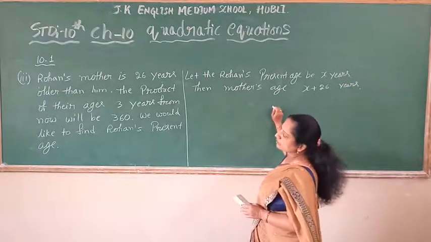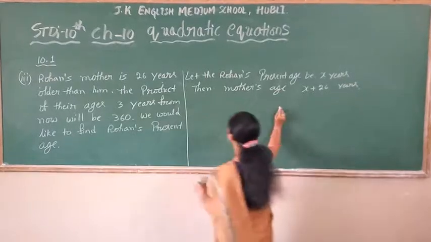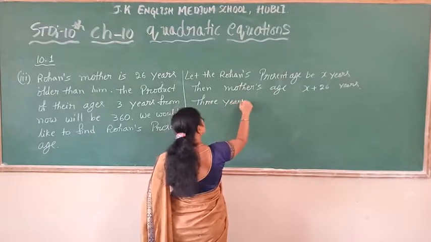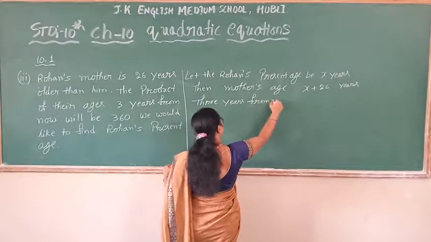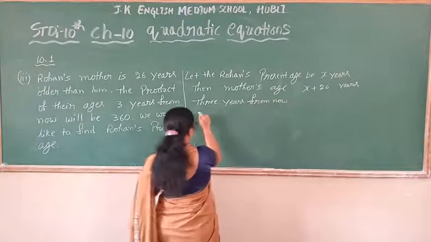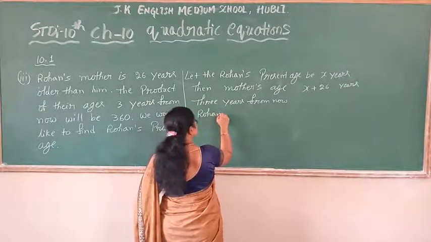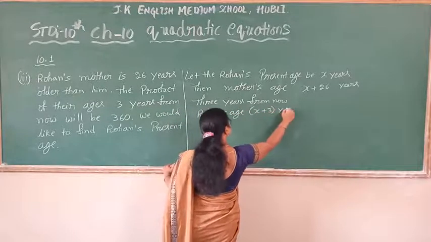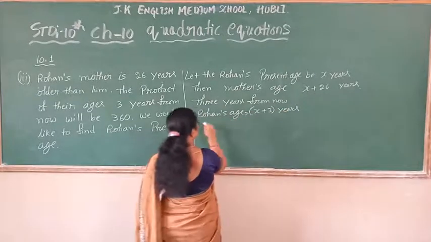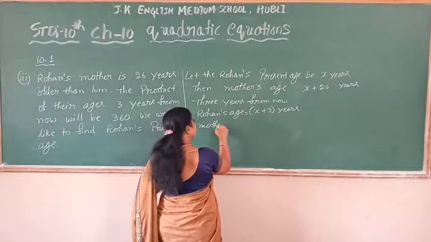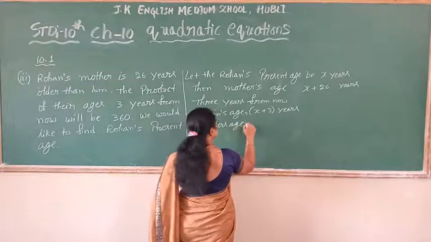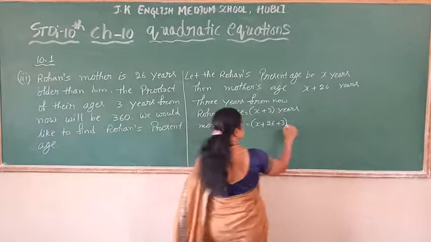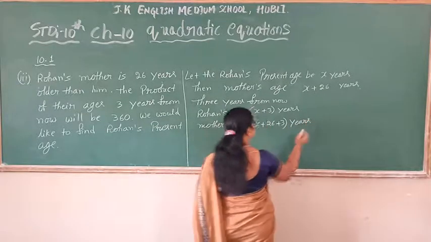Okay. The product of their ages 3 years from now. 3 years from now, Rohan's age becomes X plus 3 years. Mother's age will be X plus 26 plus 3, because 3 years from now the age increases by 3 years.